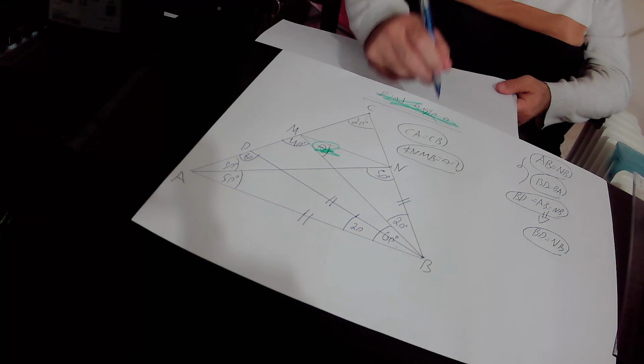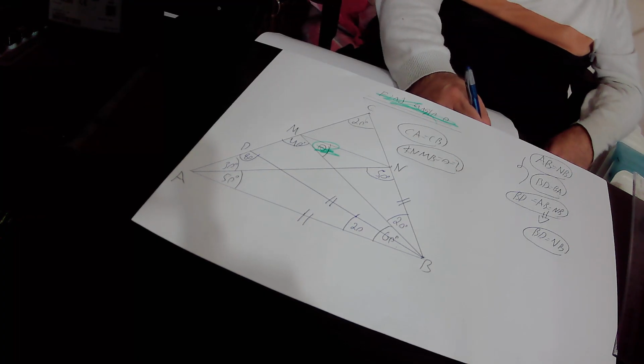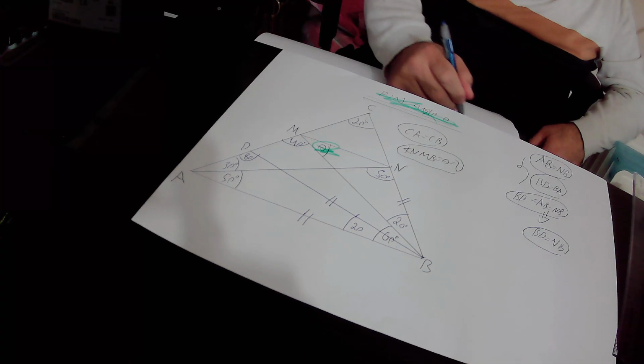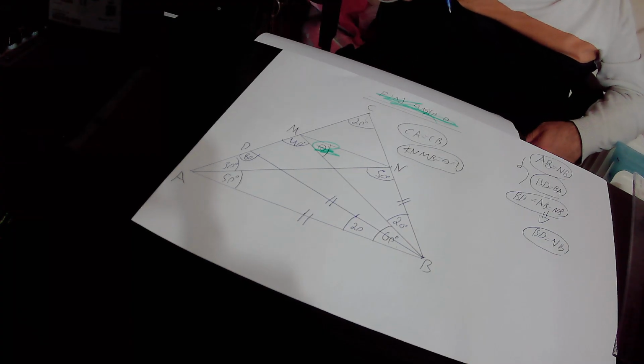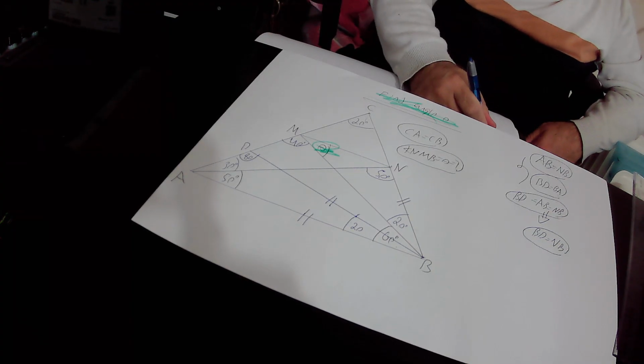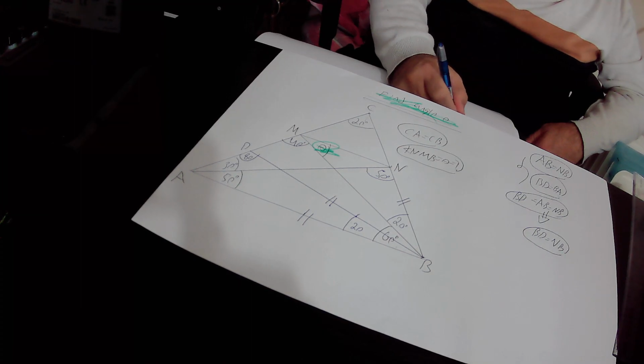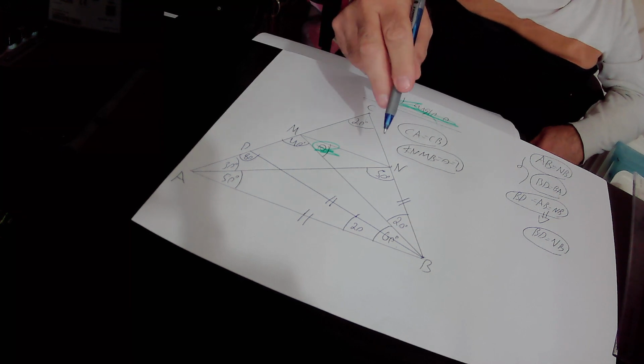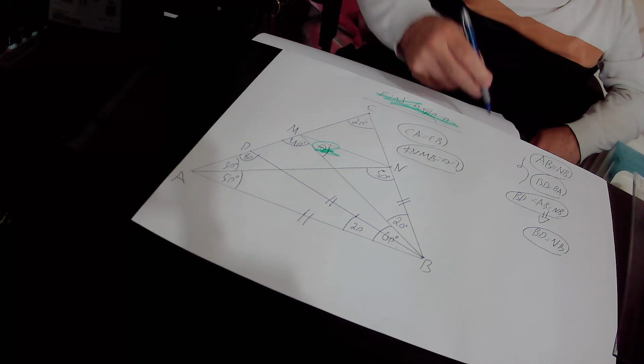The big angle is angle MBA, that is equal to 60 degrees in its size, minus the small angle, that is angle ABD, that is equal to 20 degrees in its size. So the difference between those two angles must be equal to the missing angle, that is angle MBD.